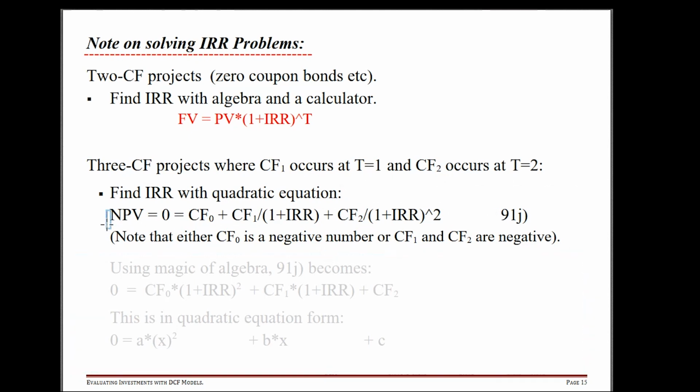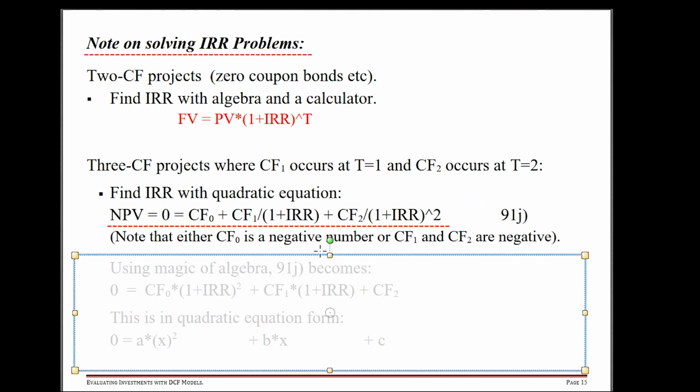So for a 3 cash flow project where the cash flows happen at integer times, like end of year 1, end of year 2, not end of year 1.5 or time 2.7, we'll get an equation that looks like this, and we can multiply both sides by (1 plus IRR) squared.